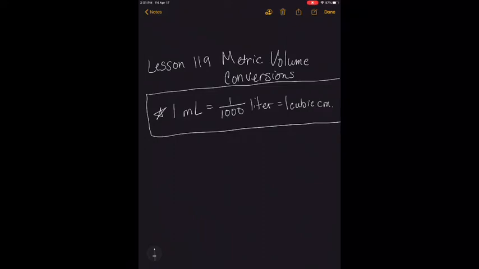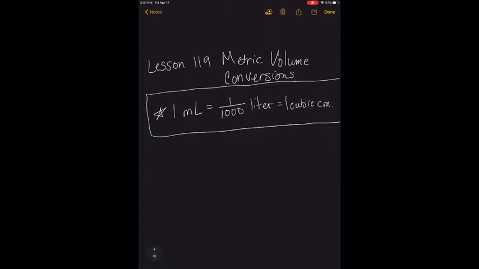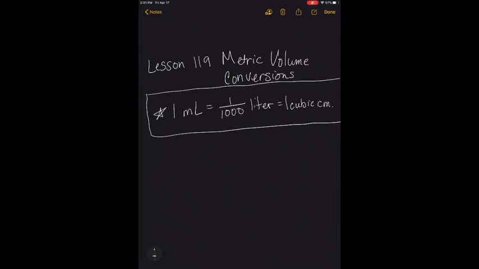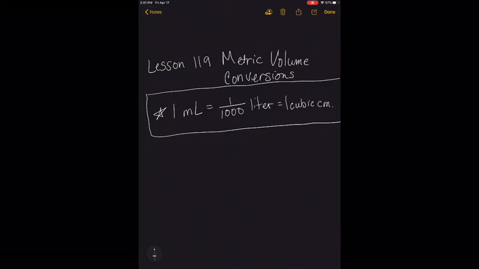One of our practice problems uses this information, and you'll have plenty of problems in your book. Even though it's lesson 119 and you don't have many problems left to do, you want to make sure you understand how to do this because I do believe it may even be covered on a test.